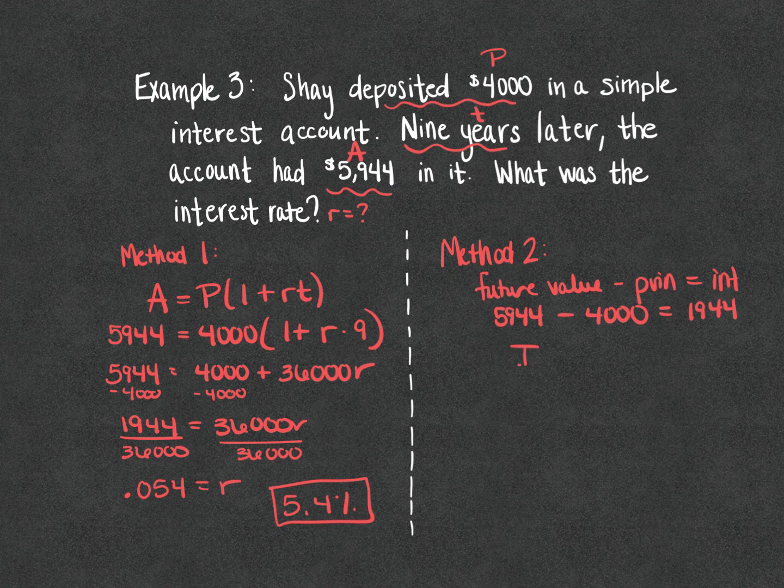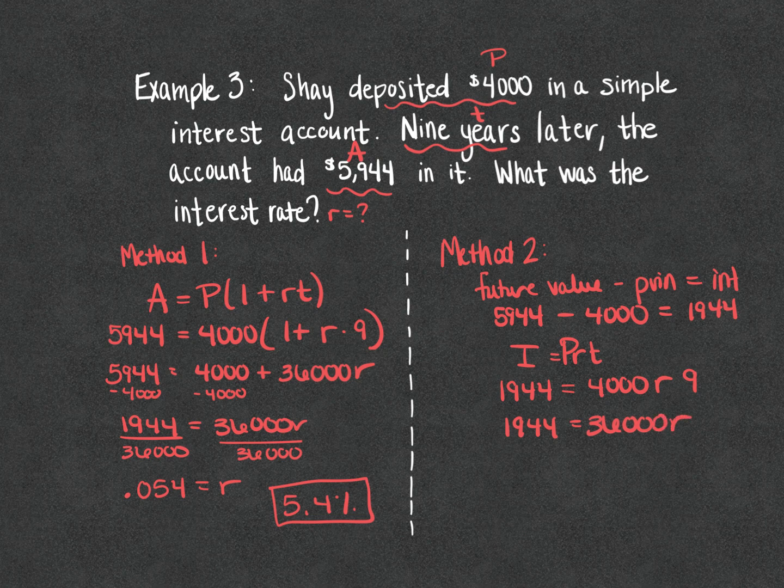And so another way you could also look at this problem is you can use I equals PRT. Principal, 4,000. We're solving for R, and time is 9 years. Multiplying the 4,000 and the 9 together, we will get 36,000R.